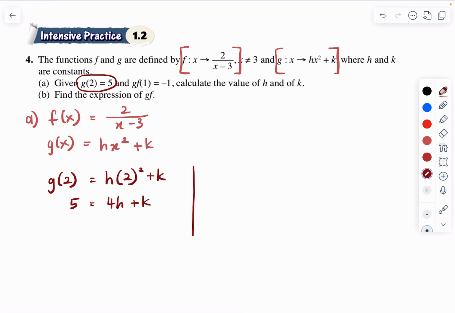And then gf(1) is -1. So let's find what is gf(x) first. We know g(x) is hx² plus k. g(y) will be hy² plus k. Therefore, gf(x) will be h[f(x)]² plus k.